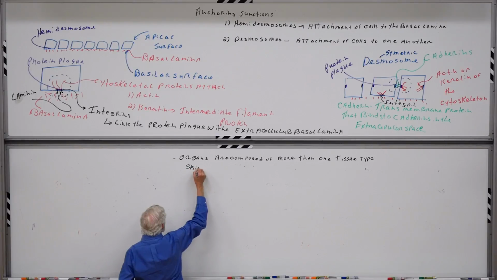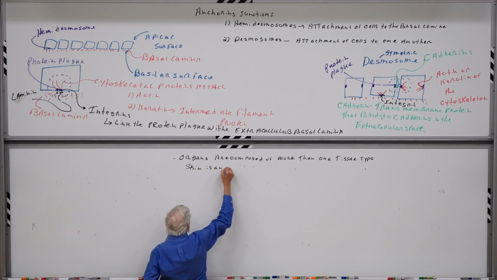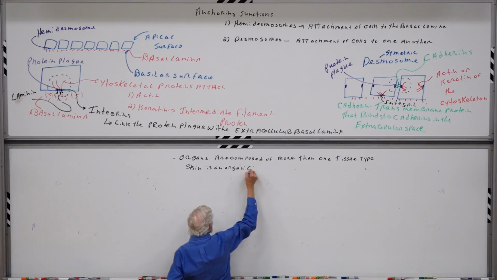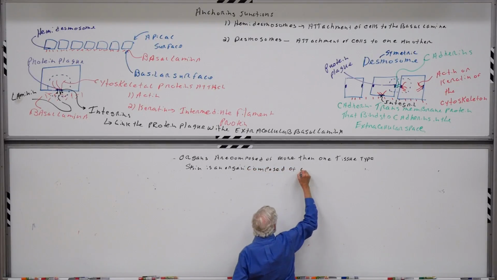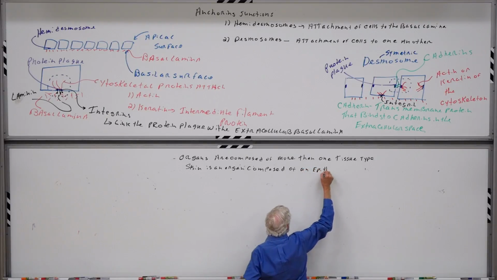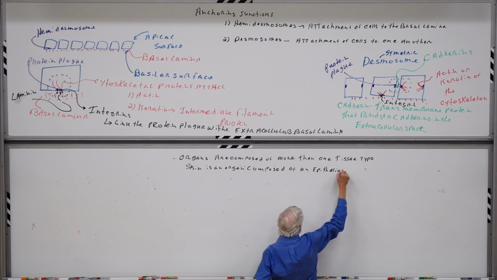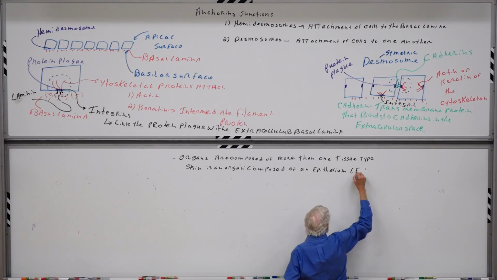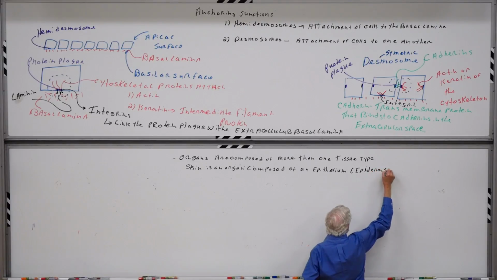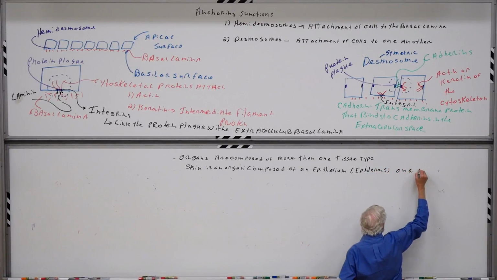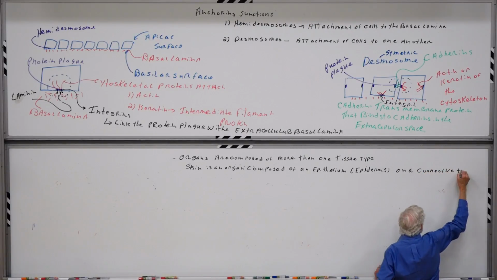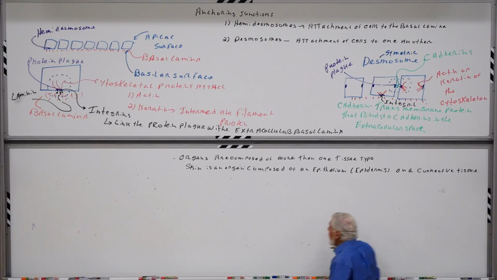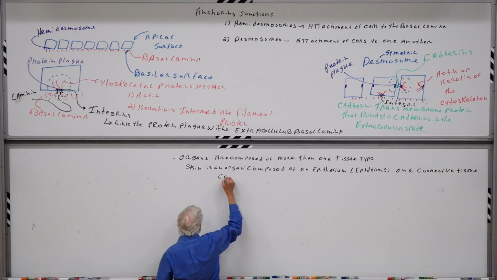Skin is an organ composed of an epithelium called an epidermis on a connective tissue called the dermis.